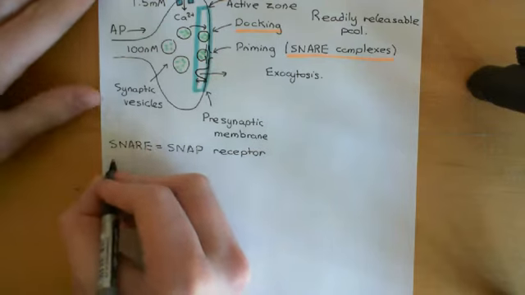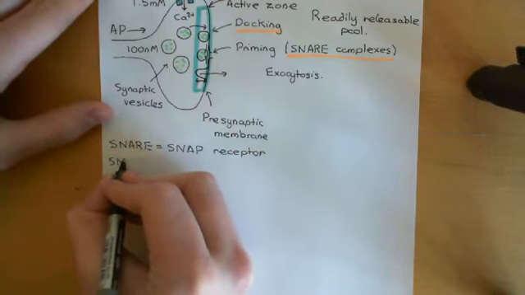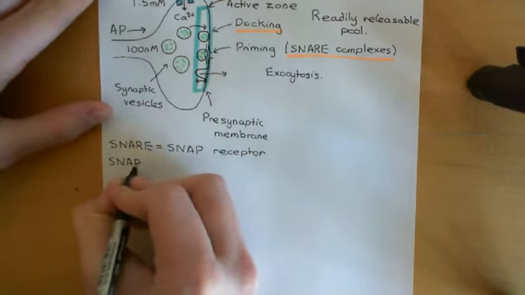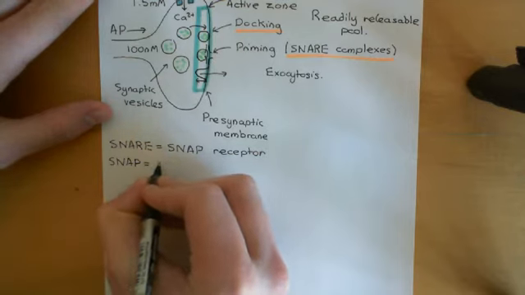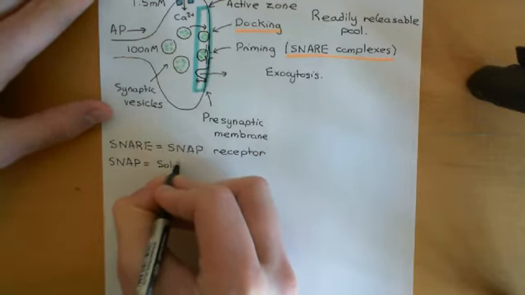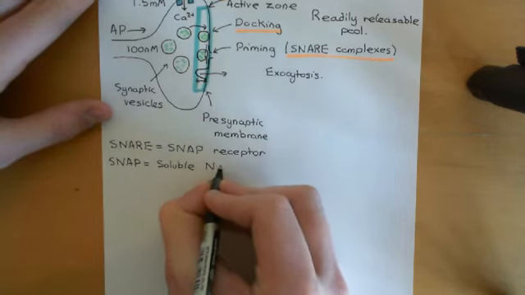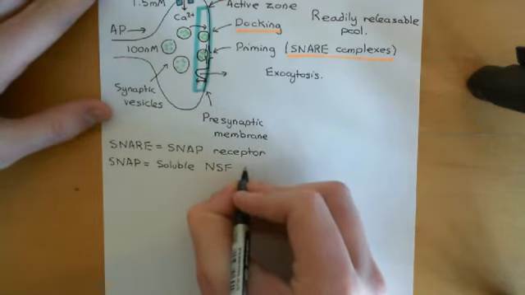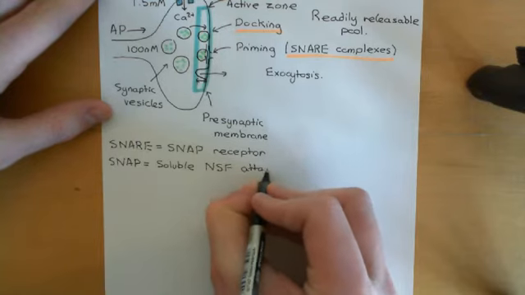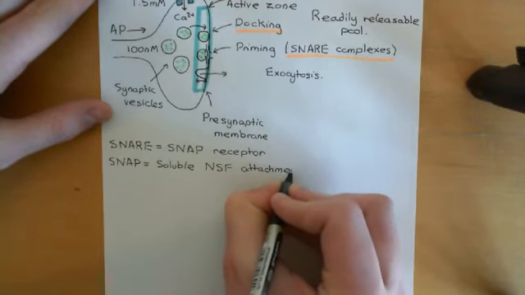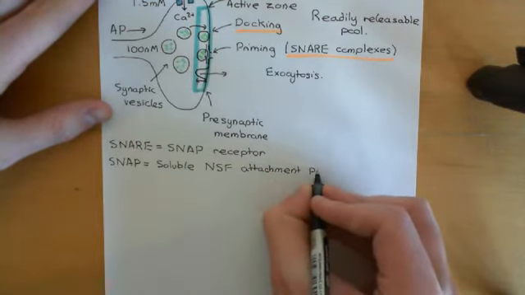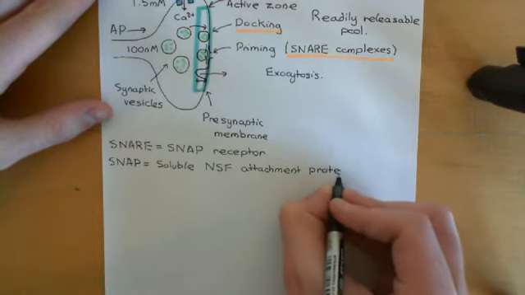But then of course the question is, what does SNAP stand for? SNAP stands for soluble NSF attachment protein. So soluble, then the N is for NSF, the A is for attachment, and the P for protein. And then of course the question is, what does NSF stand for?